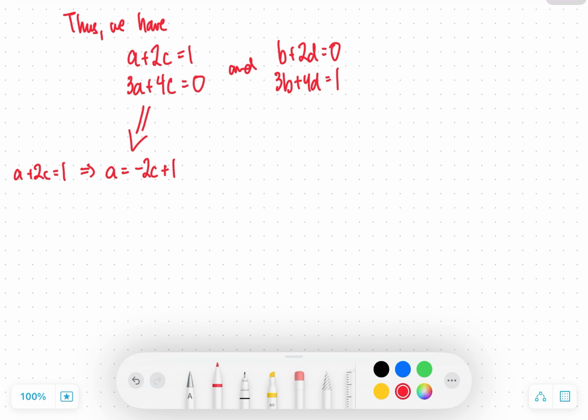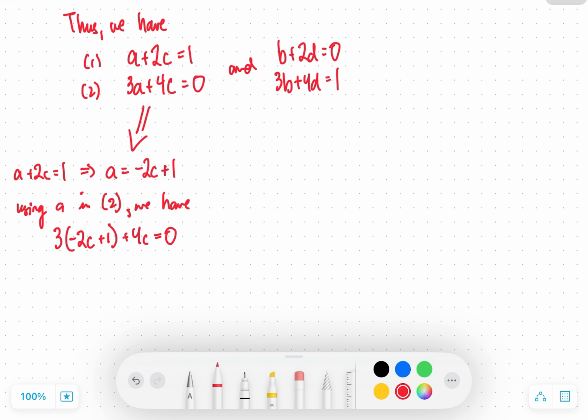I'm going to apply that in the second equation. I'm going to call these 1 and 2. In 2 we have 3 times negative 2c plus 1, plus 4c equals 0.